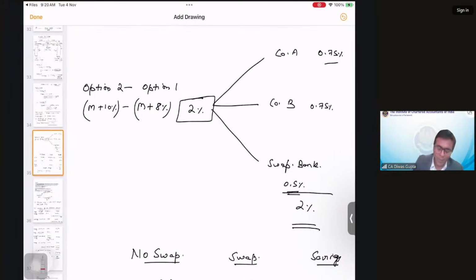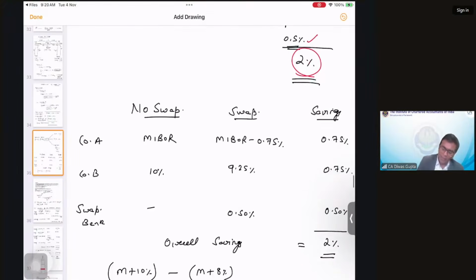Now, if you compare option 2 and option 1, which is MIBOR plus 10% minus MIBOR plus 8%, we have finally gone ahead with option 1. So there is a 2% gain, students. So that 2% gain, how is it distributed? Company A has kept 0.75, company B has also kept 0.75, and swap bank has kept 0.5. So overall, the 2% gain is split in this ratio.